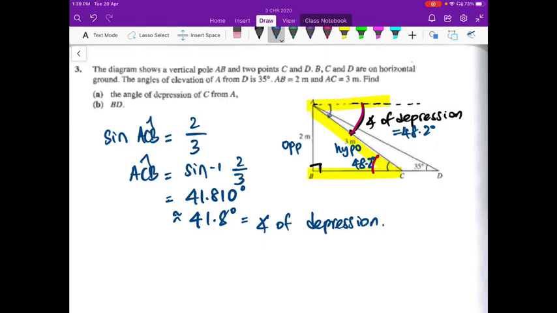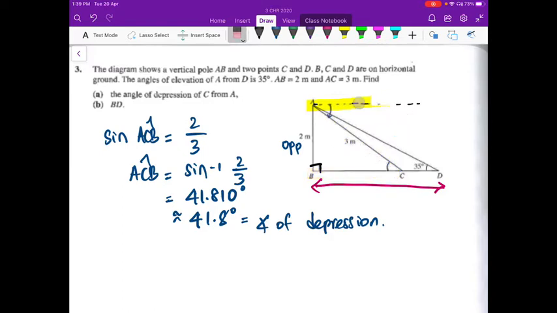Now to find BD. We don't need all this information already. Just focus on the big triangle. We have the opposite of 2 meters. We have the angle 35 degrees. And now we are trying to find BD, which is the adjacent.